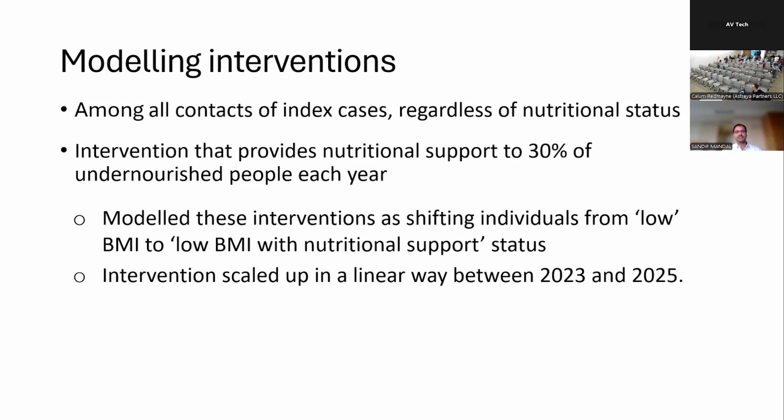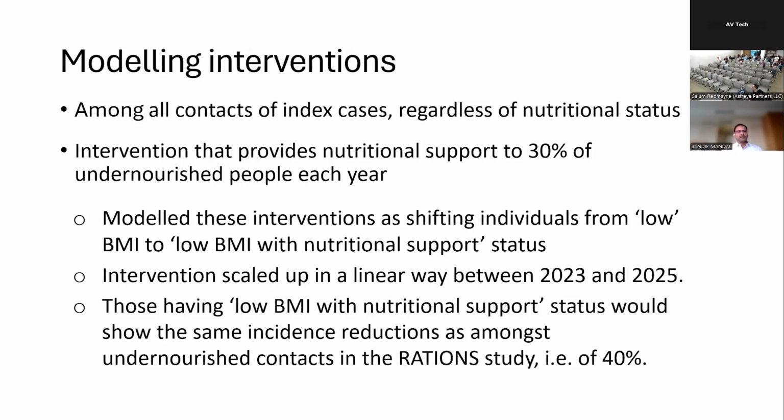This is also an assumption: though the recent study was done only on household contacts, in this model we applied it to 30% of low BMI populations in the general population, not only household contacts.